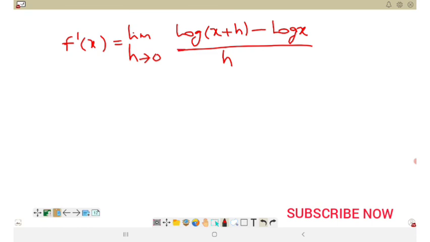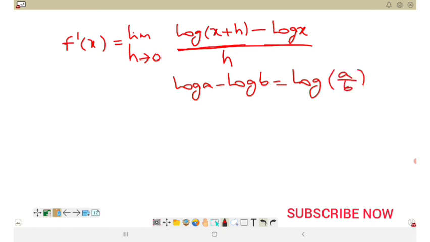So use the log a minus log b formula: log a minus log b is equal to log of a by b.